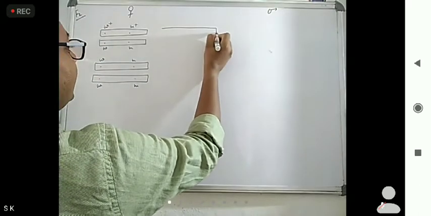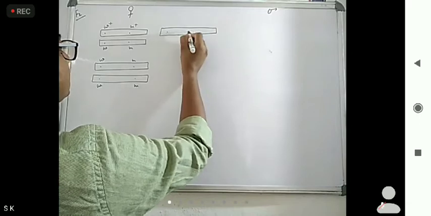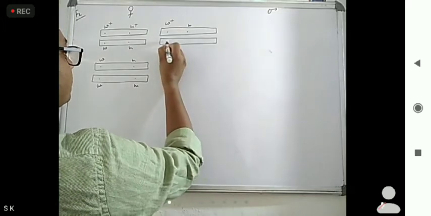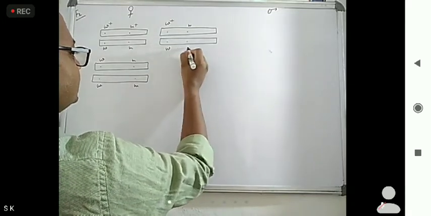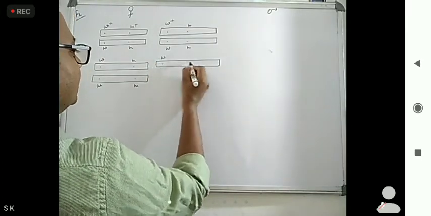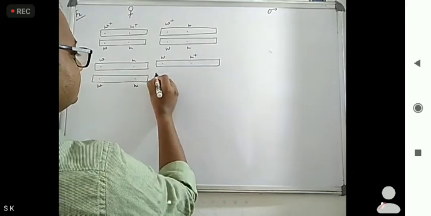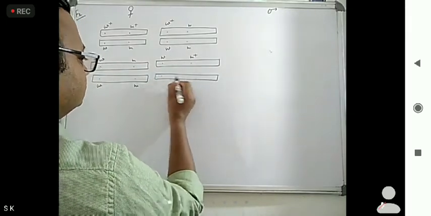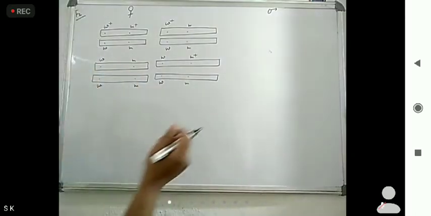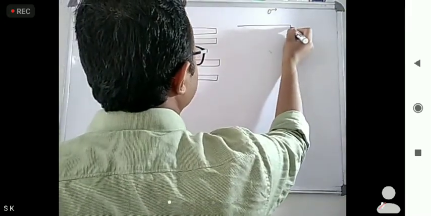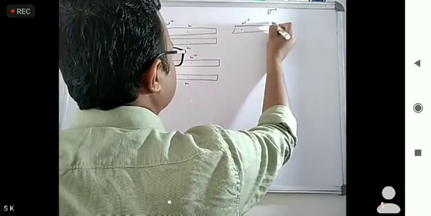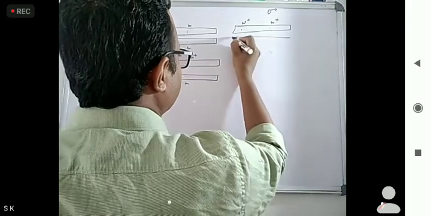Another type that came was recombinants. So W plus M, this is their homologous. Here another type of recombinants, WM plus. Now similarly male will come: W plus M plus, this is Y chromosome.